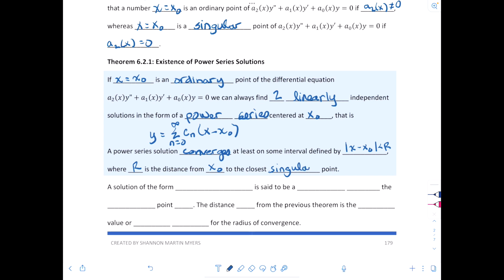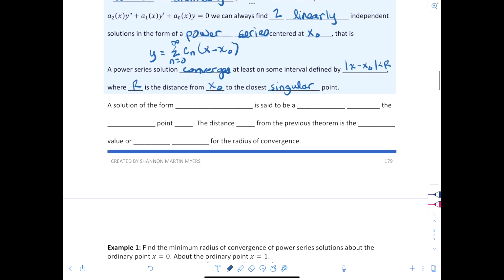A solution of the form y equals the summation as n goes from 0 to infinity of c sub n times x minus x0 is said to be a solution about the ordinary point x0.